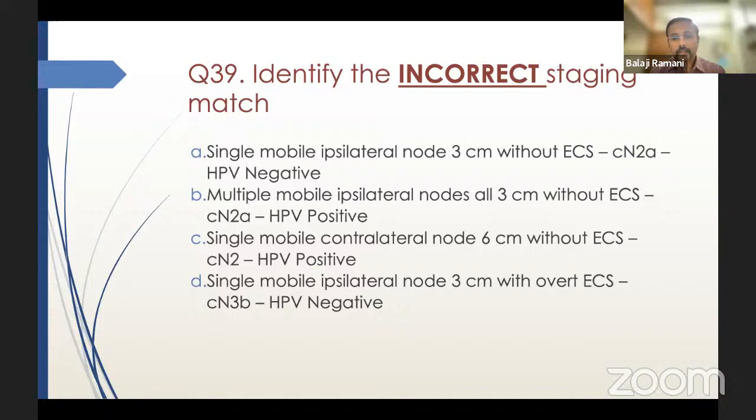Single mobile contralateral 6 centimeter node without extracapsular extension is N2 in HPV positive. Single mobile ipsilateral 3 centimeter node with overt extracapsular extension is N3B with HPV negative. So which is the incorrect statement here?